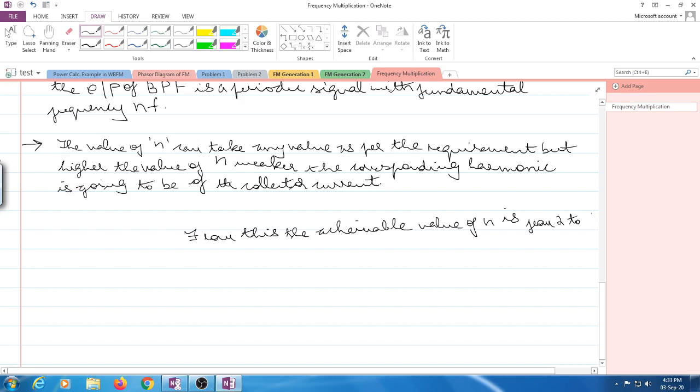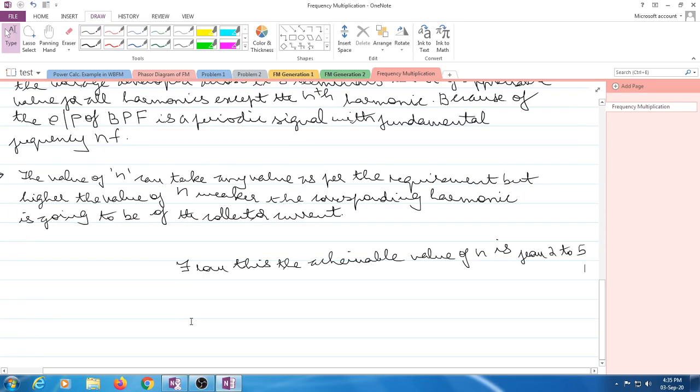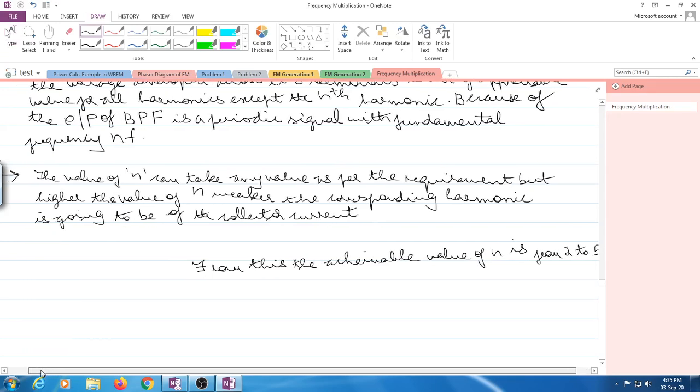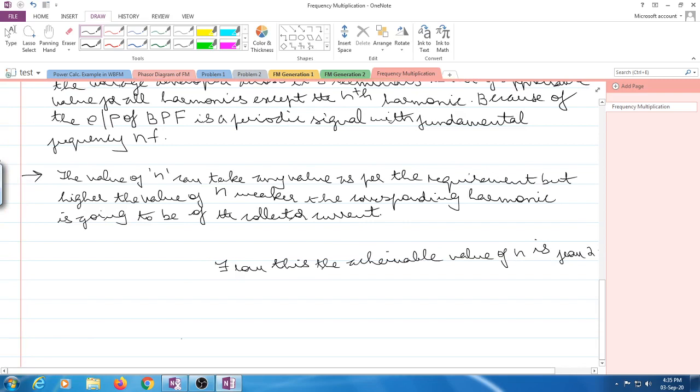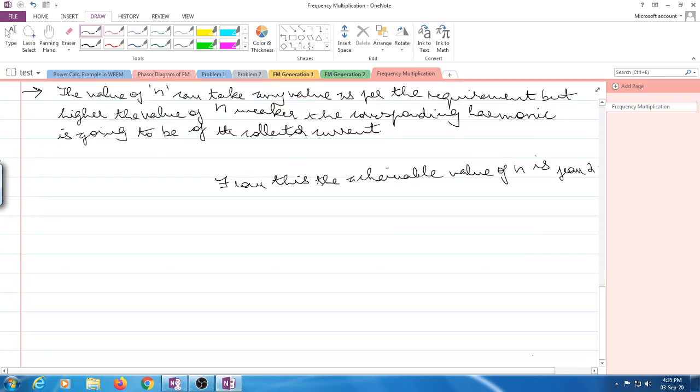I'm sure you must be wondering, what are we supposed to do if we need a multiplication or a value of n greater than 5? In that case, you're supposed to use frequency multiplier in cascade. So multiple frequency multipliers can give you a higher level of frequency deviation or modulation index or phase deviation.